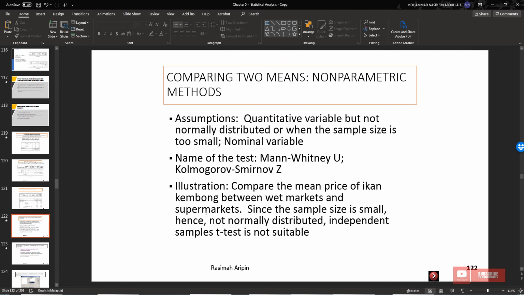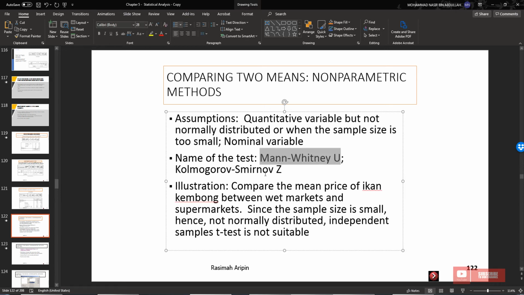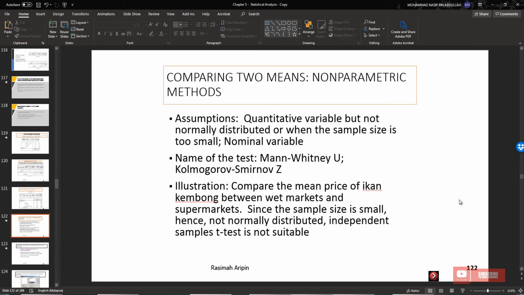So we're going to skip the example, right? So now let's look at comparing two means. What if you have non-normally distributed data? When you have non-normally distributed data, you can use a Mann-Whitney test or Kolmogorov-Smirnov Z test, right? So it's the same purpose. We want to test whether there is a significant difference in mean between two groups, right?